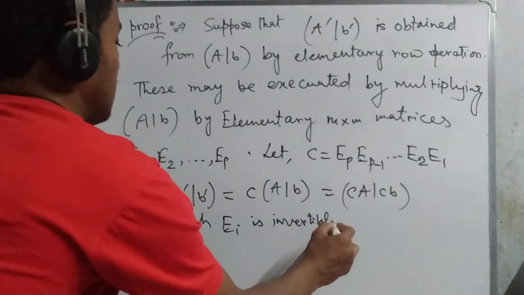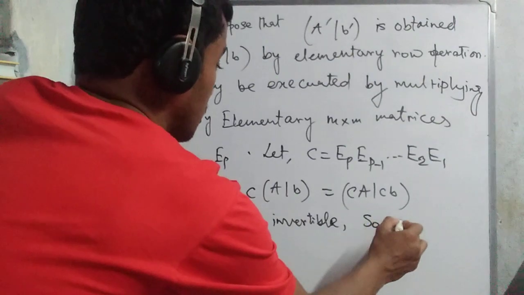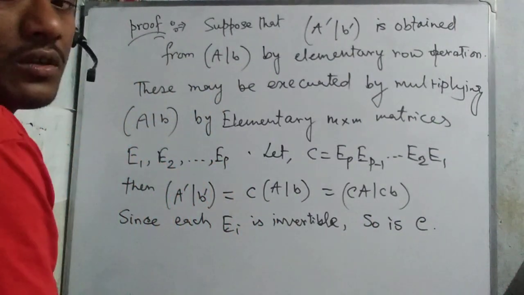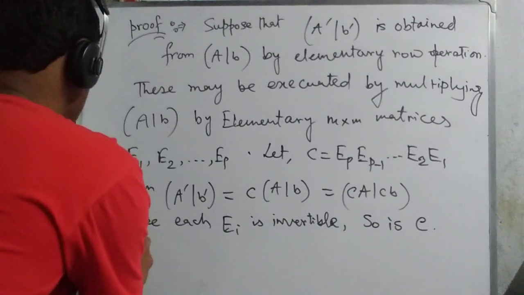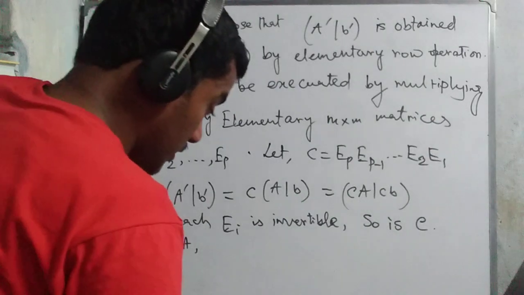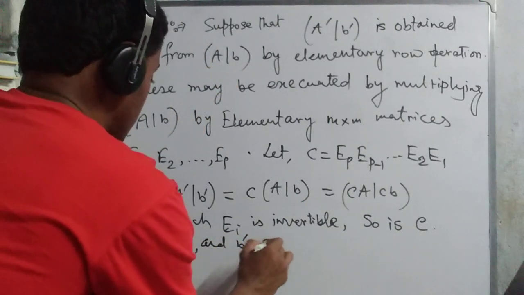Now A dash equal to CA and B dash equal to CB.